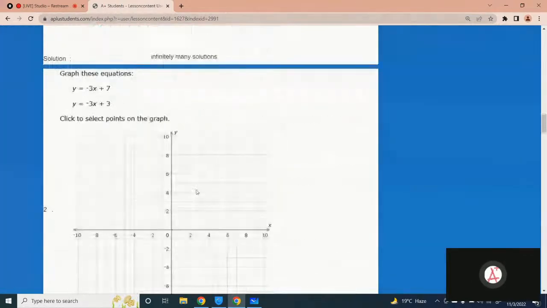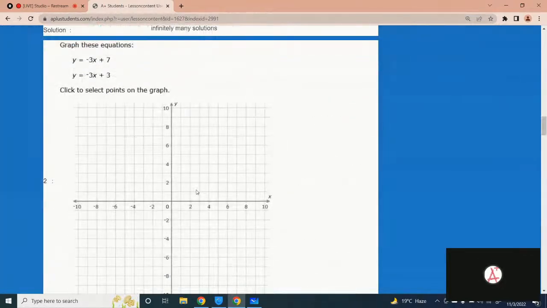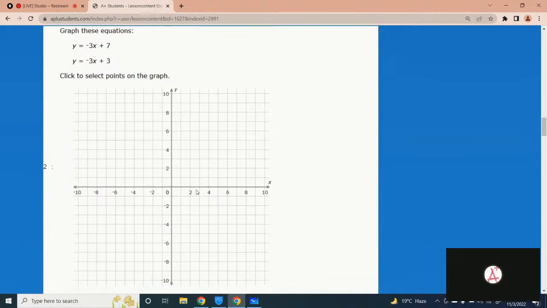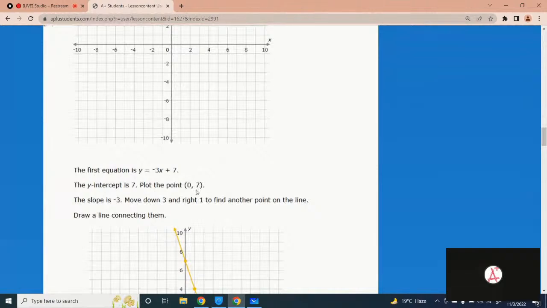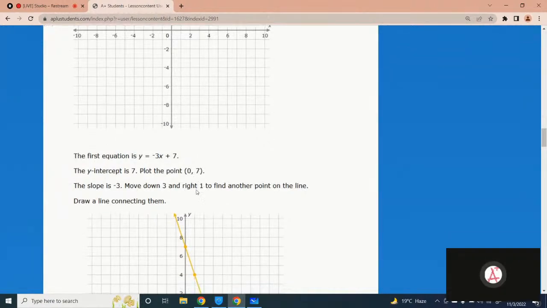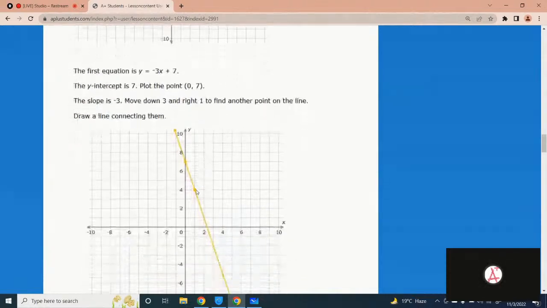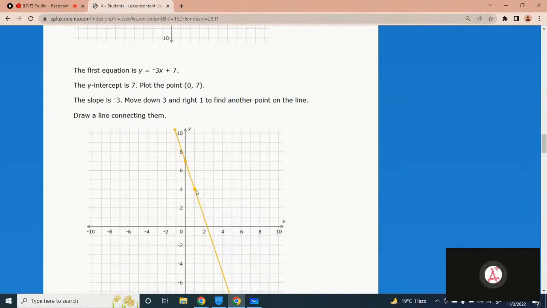Okay, let's see. The second equation is y equals negative 3x plus 7 and y equals negative 3x plus 3. So let's plot the equations on the graph. Here is the solution for the first equation, y equals negative 3x plus 7. It has the point 0 and 7.